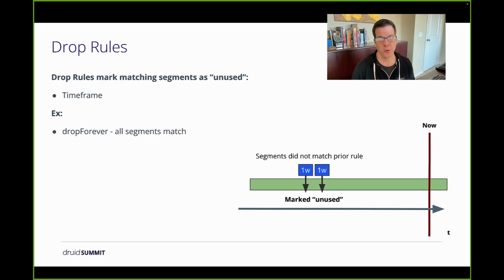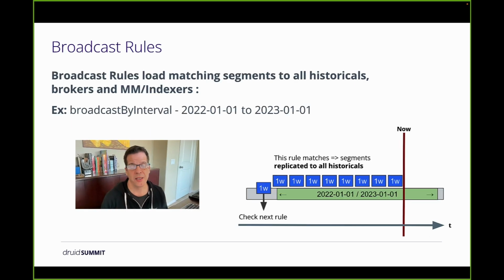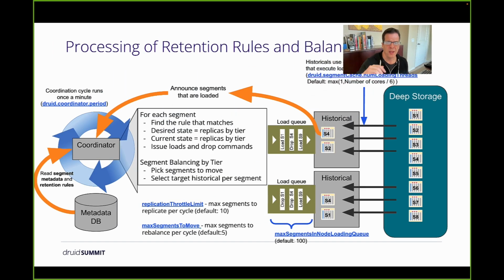The drop rules, for any segments that match, will mark the segments as unused, and we'll see that segments marked as unused are the ones that are then cleaned up by a kill rule. Broadcast rules will broadcast the segment to all historicals, all brokers, and all indexers.